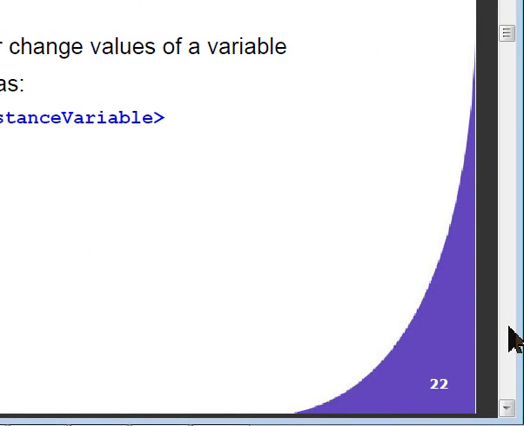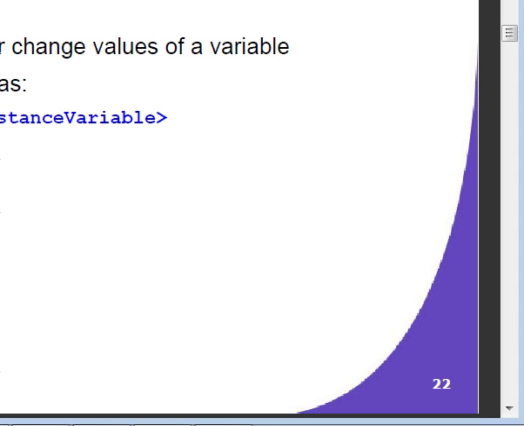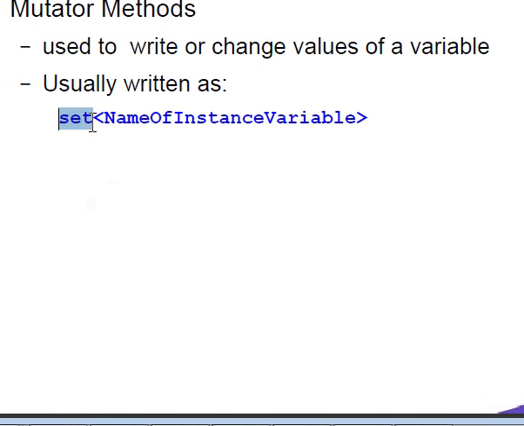Okay, so we also have what is called the mutator method, sometimes called the setter method. A getter method is for retrieving the value of something, right? A mutator or setter method is used to set the value of a variable. So instead of using get, you're going to use set, and then the name of that variable.